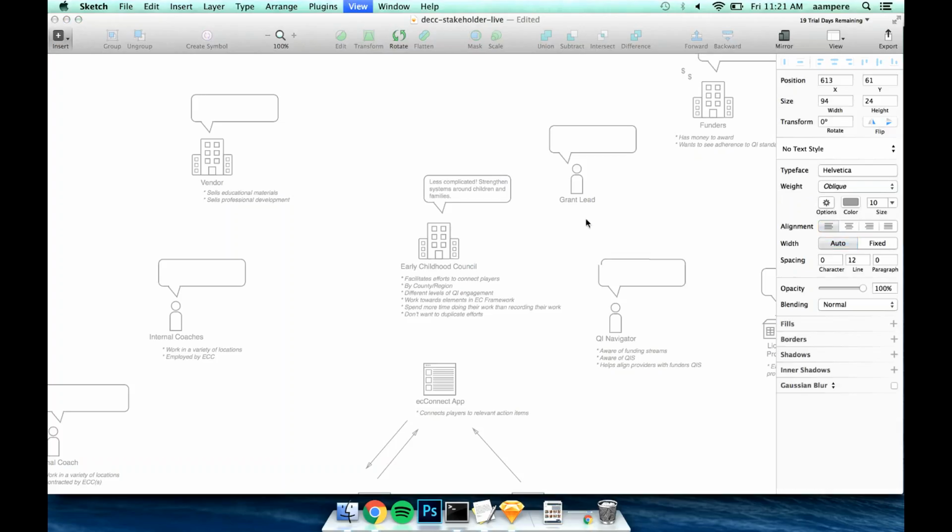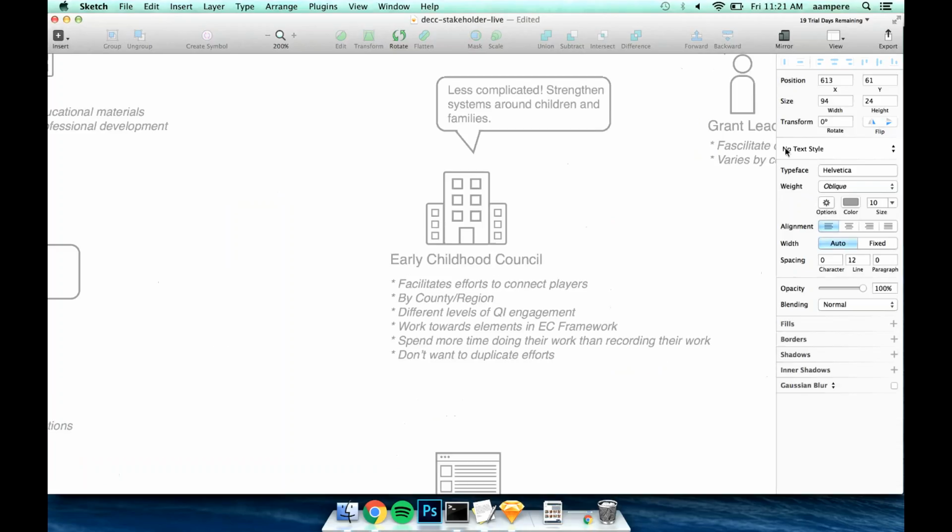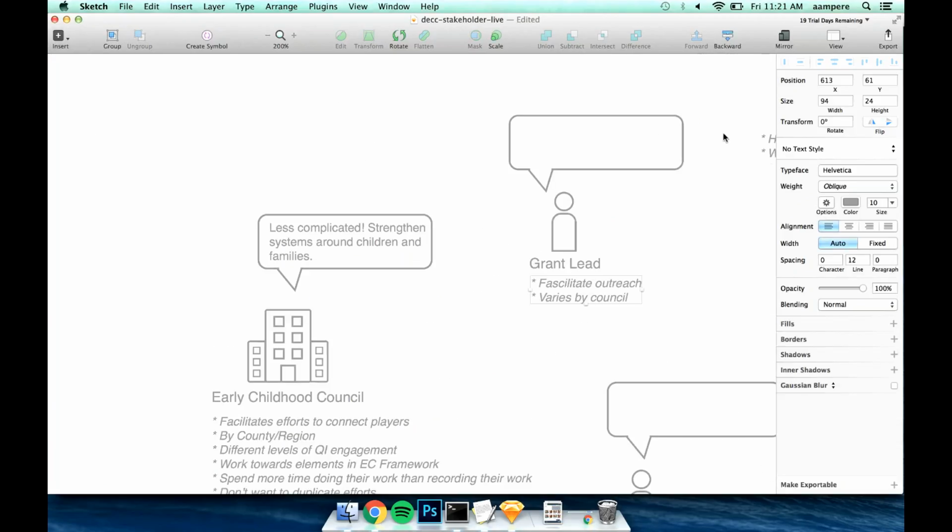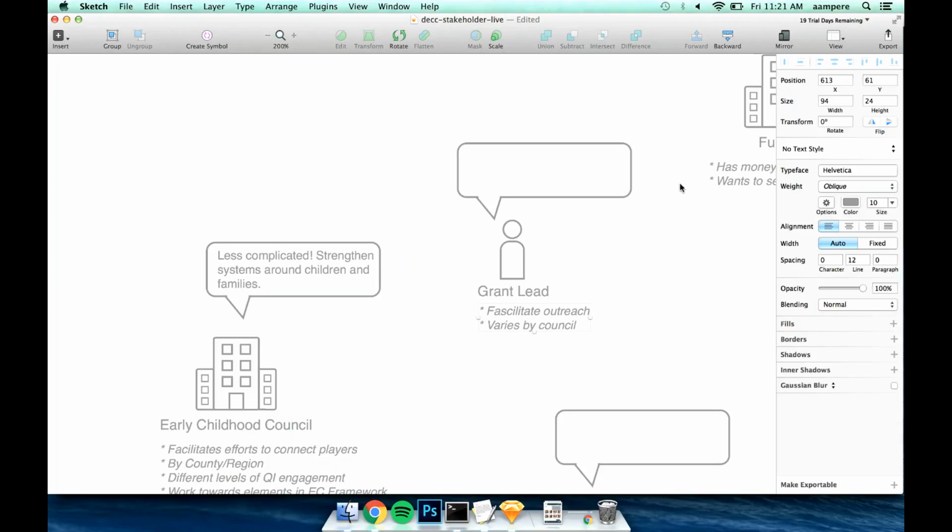So the grant lead is perhaps overseeing the implementation of the goals of the grant. Yeah, the scope of work. Yeah, so maybe oversees scope of work and deliverables.